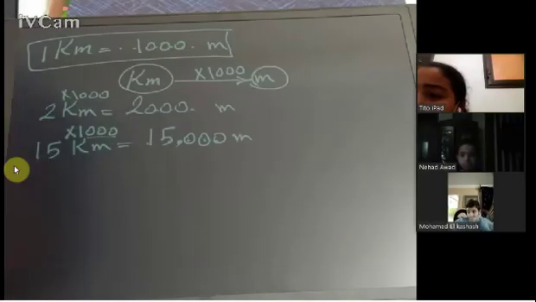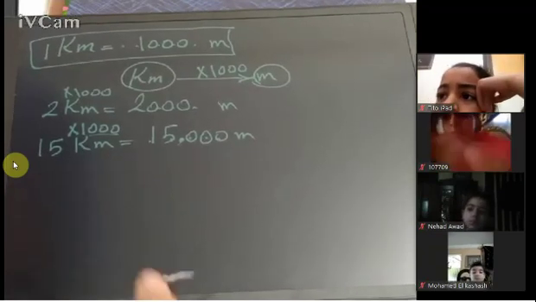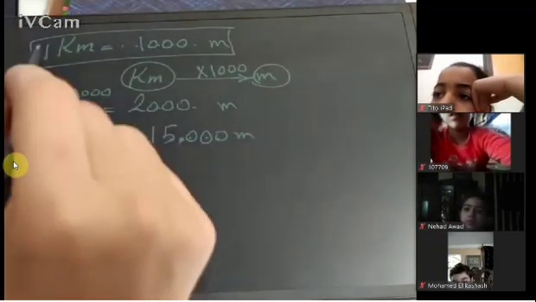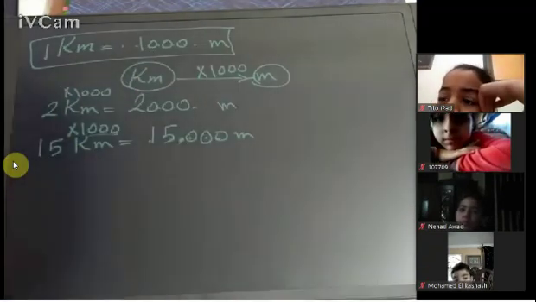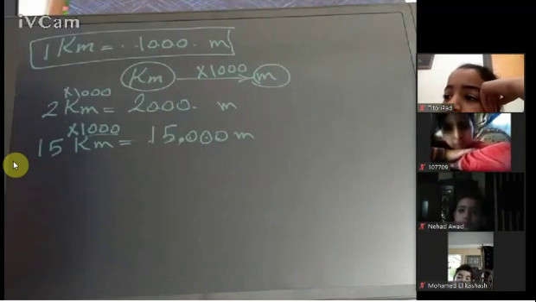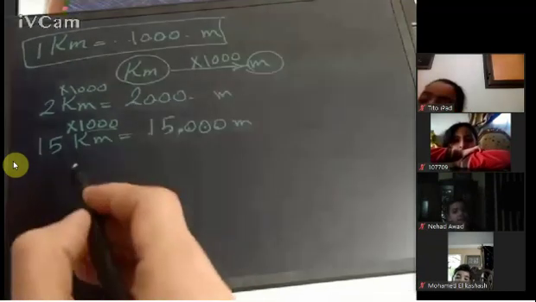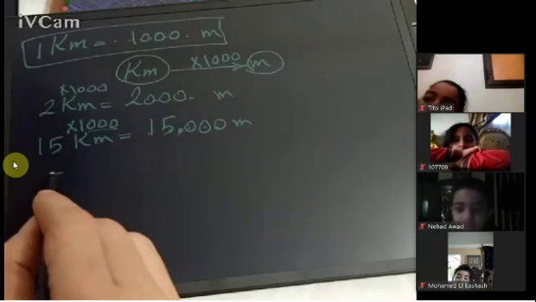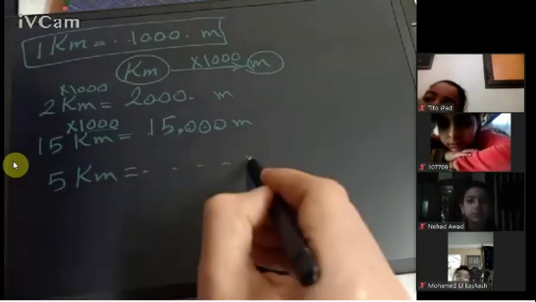Okay, can anyone not understand this part? Again, we have a unit called kilometer, and this kilometer equals 1000 meters. So each 1 kilometer has 1000 meters. So what about 2 kilometers? It will be 2000. 3 kilometers equals 3000. 4 kilometers equals 4000, and so on. So if we have any number like 5 kilometers equals how many meters?